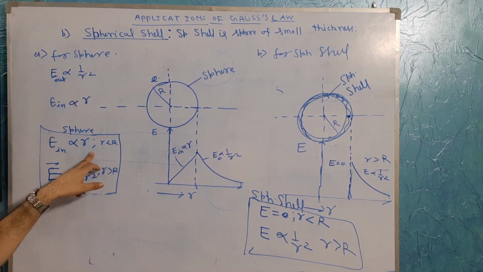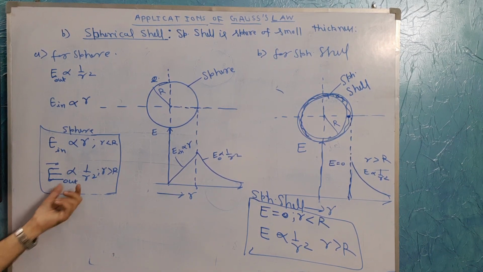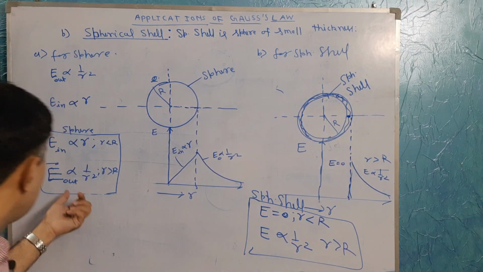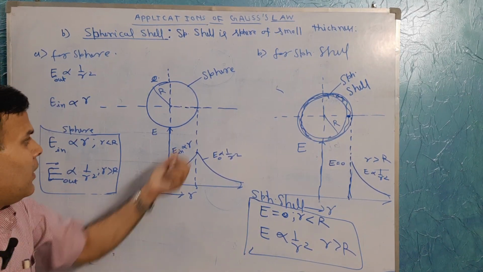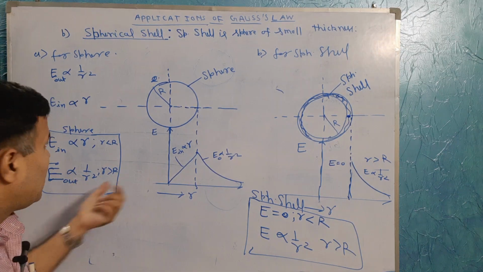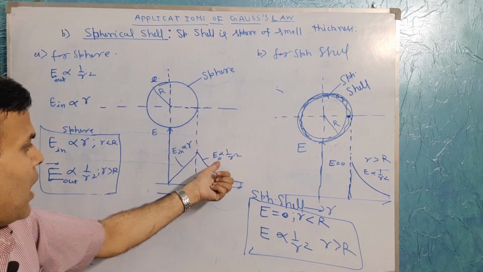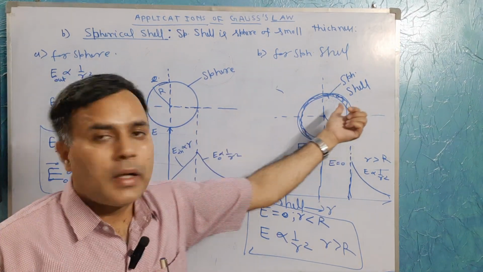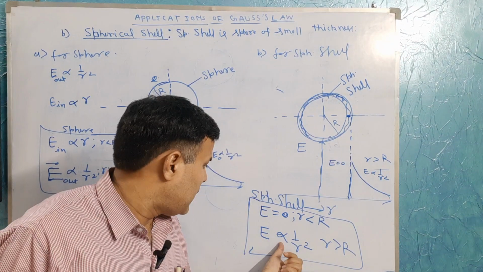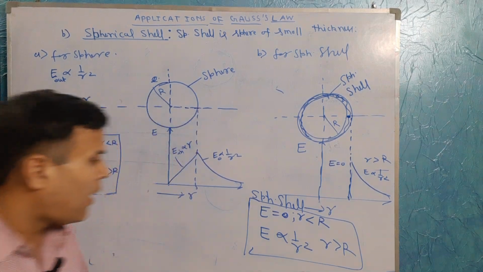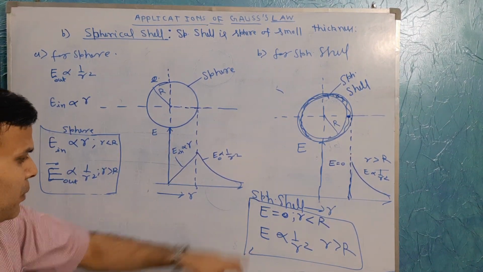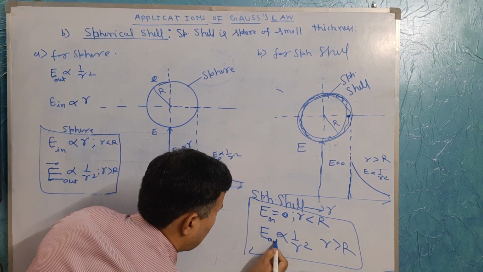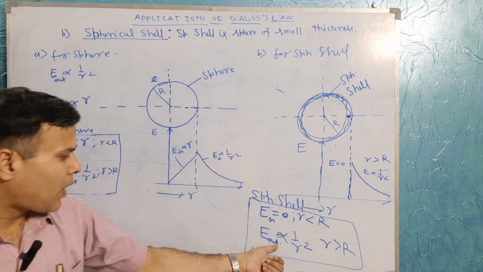So in both cases we have different profiles. But what is common in both cases? The outside profile is the same. Electric field outside is governed by 1 by r square for the case of the sphere, and for the spherical cell the electric field is also 1 by r square.